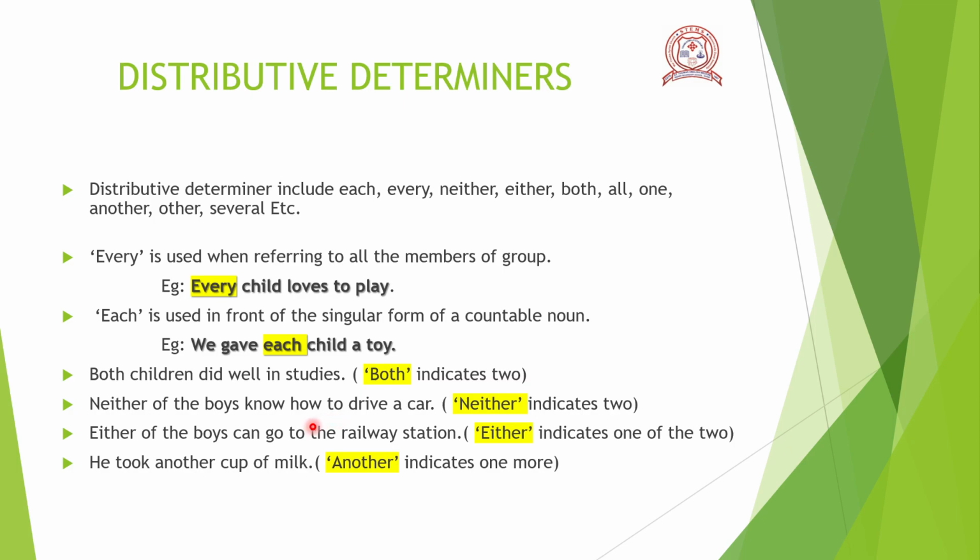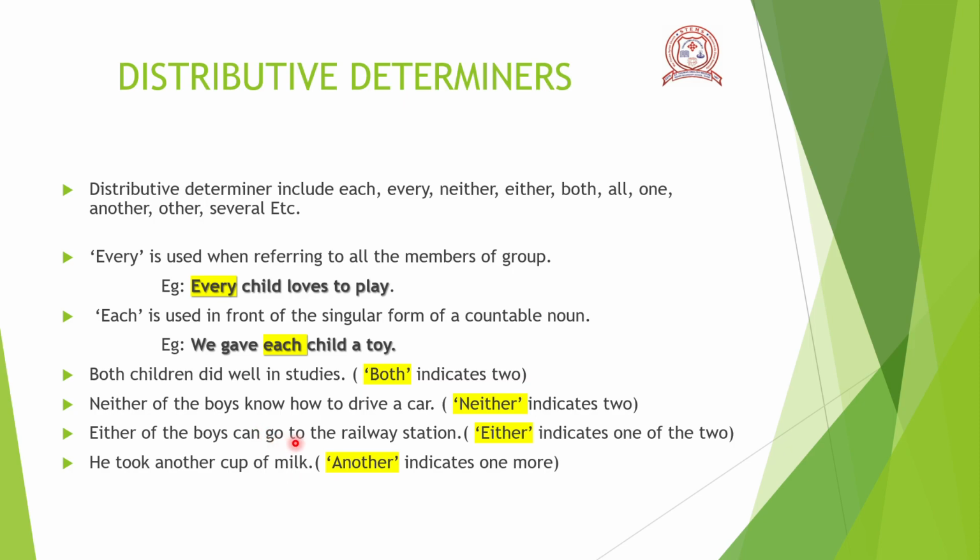Neither of the boys knows how to drive a car. Neither also indicates two. It means both the boys don't know how to drive a car. There's a car in their house, but both of the boys don't know how to drive it. Here, neither indicates two.